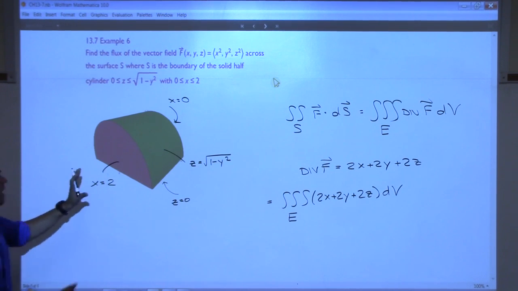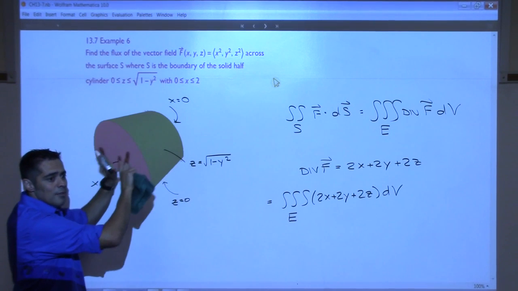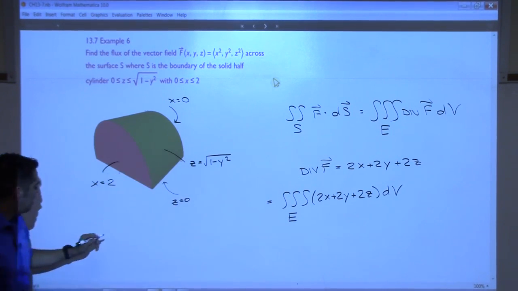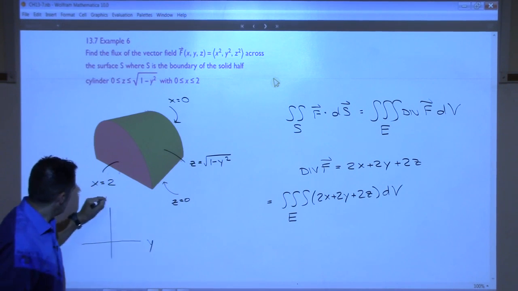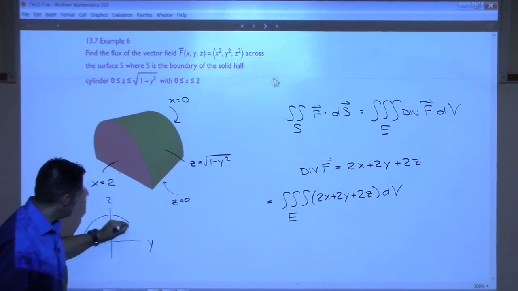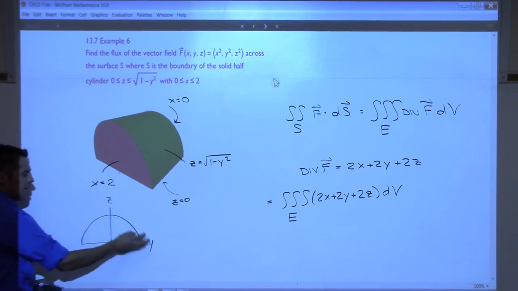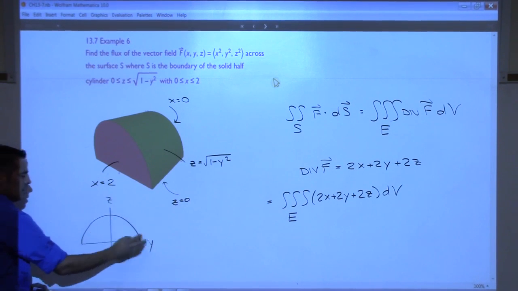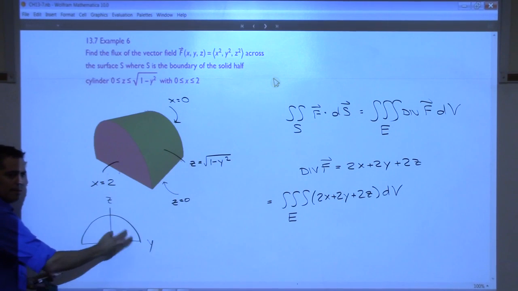Now what I'd like to do is project this image onto the YZ plane, okay? Just so you can have an idea of what it looks like in the YZ plane. It's going to be the top half of this circle, right? That's a projection on the YZ plane. So I should be able to look at the y and z and look at this region in cylindrical or in polar, right?